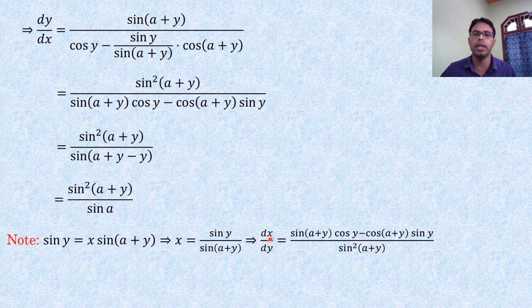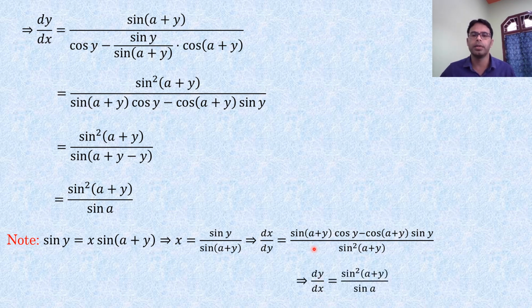That is why it is dx/dy. Okay, so it is equal to, by the quotient rule, which you know, denominator squared, then denominator into derivative of the numerator, cos y, because the derivative of sin y is cos y, then minus cos(a + y) for the derivative of the denominator, and sin y is already here. And now you see this is the formula, sin a cos b minus cos a sin b.